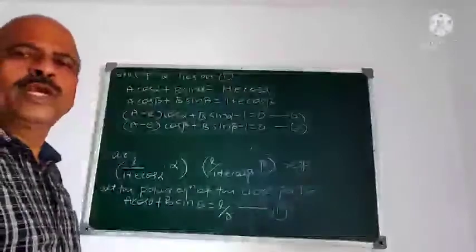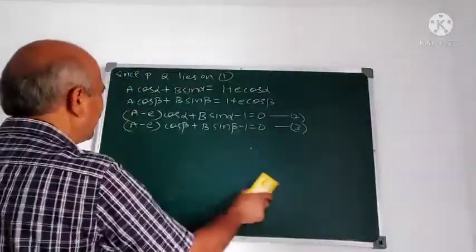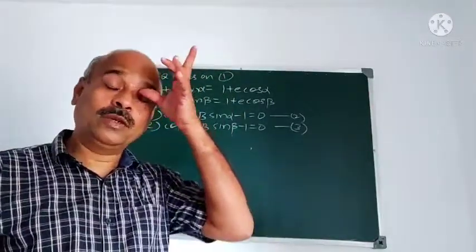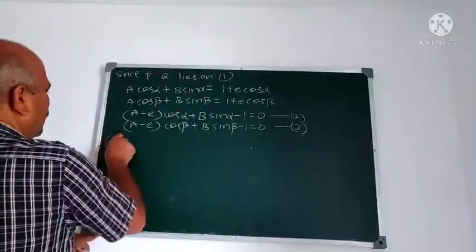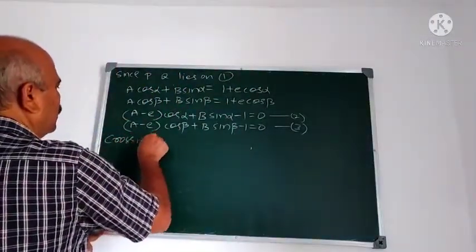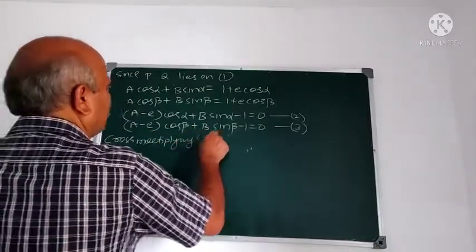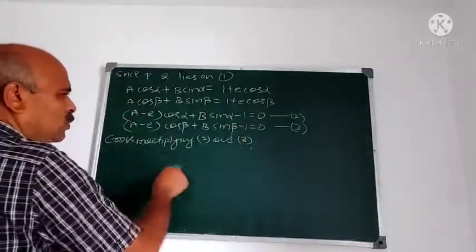Now we consider 2 and 3 as linear equations in A and B, and we find the values of A and B by cross multiplication. You know the cross multiplication here; I use a compact form.